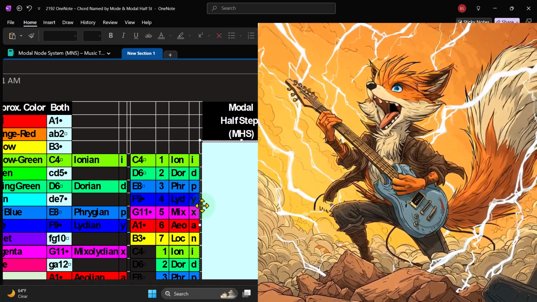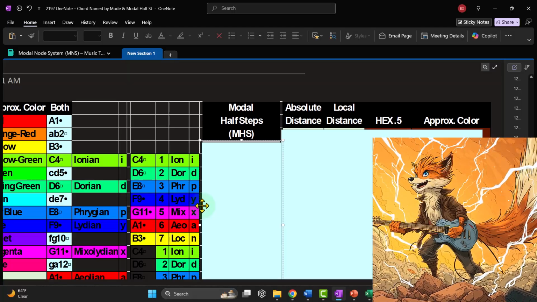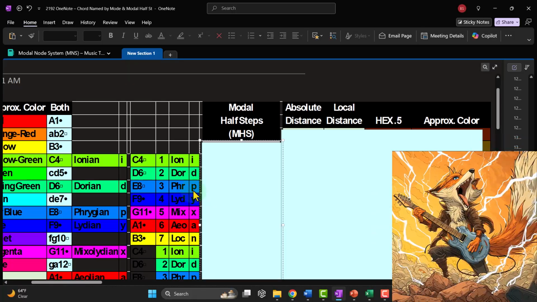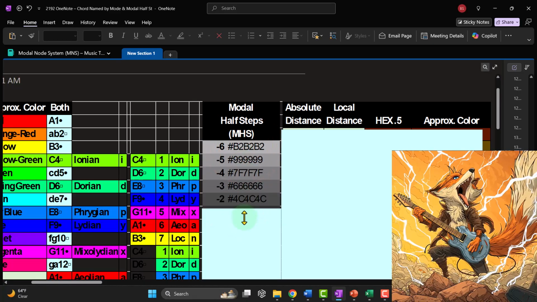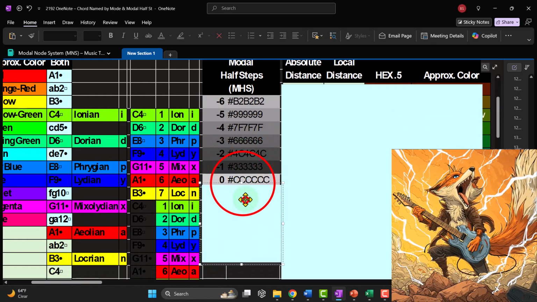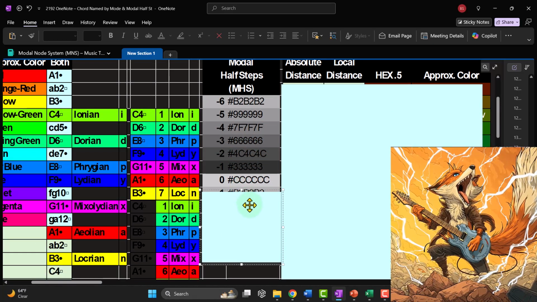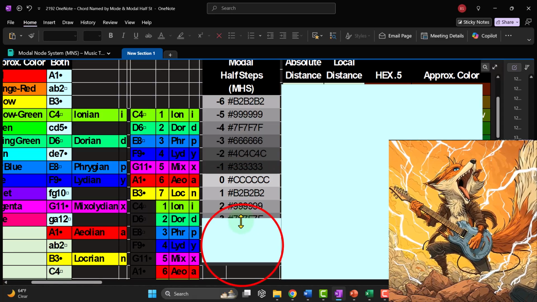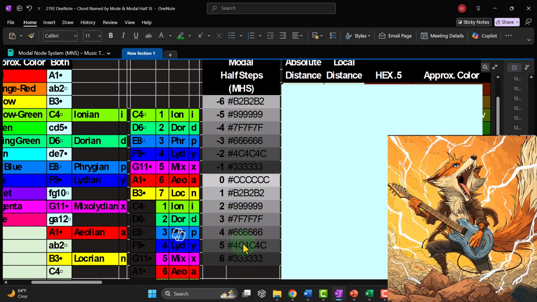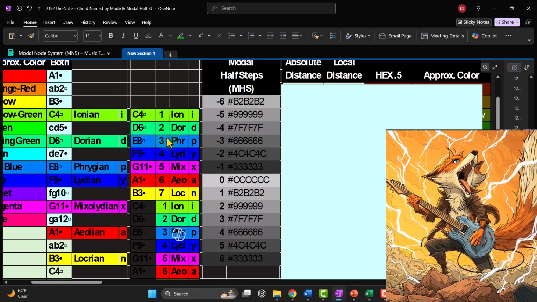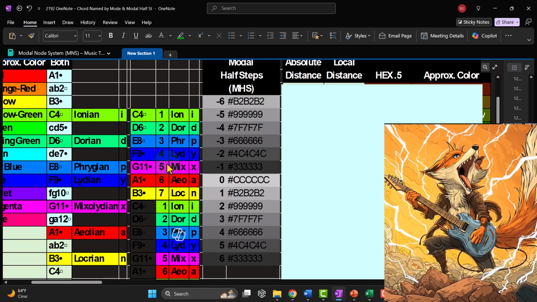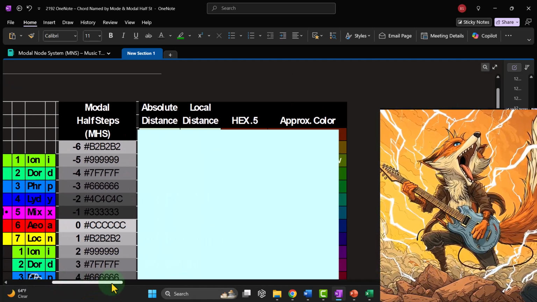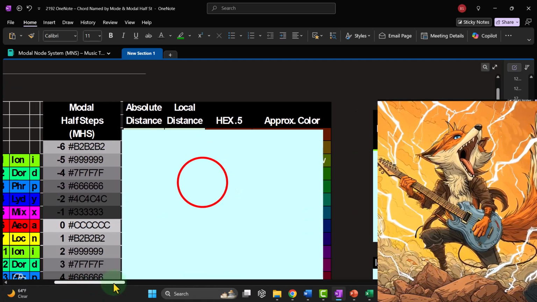Now, there's not the same distance between each of the modal half steps, but if I know the starting point and ending point, then I can talk in terms of modal half steps, which I'm going to use a gray tone to indicate. So I'm going to call it shades of gray. So we have 0 shades of gray, 1 shade of gray, 2 shades of gray, 3 shades of gray to indicate if we're going 1 half step up, 2 half steps up, 3 half steps up, and so on and so forth for our modal half steps. So that's a distance term.